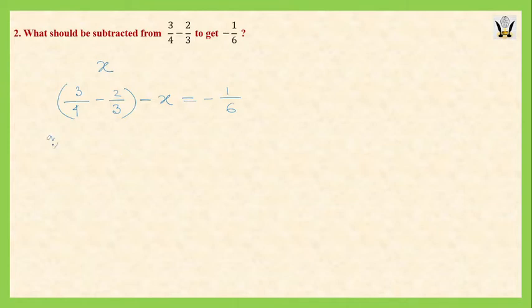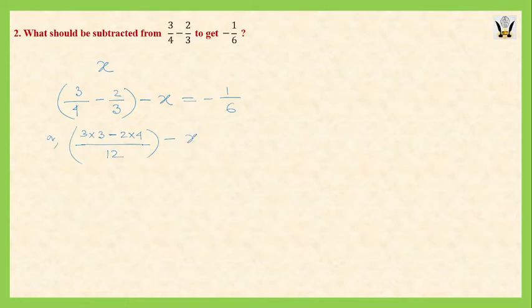Now we will first perform the subtraction we have within this bracket. Between 4 and 3 the LCM will be 12. The denominators are distinct. Now 12 divided by 4, the quotient is 3. So the numerator 3 will be multiplied by the quotient 3, and then subtracted, minus the numerator 2, and here 12 divided by 3 is 4, so it will be multiplied by that quotient, and this subtraction will be performed.